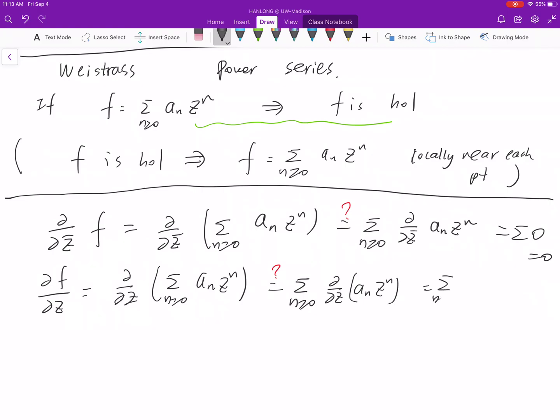So you have the sum over n greater than 0 of n times a_n z to the n minus 1, and we want to show that this is continuous.